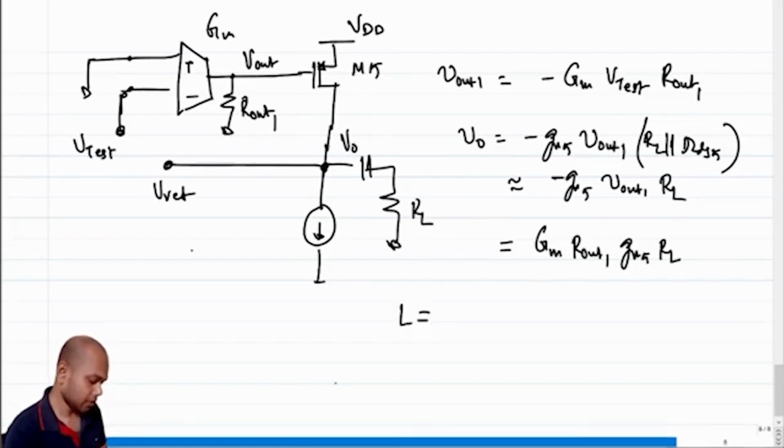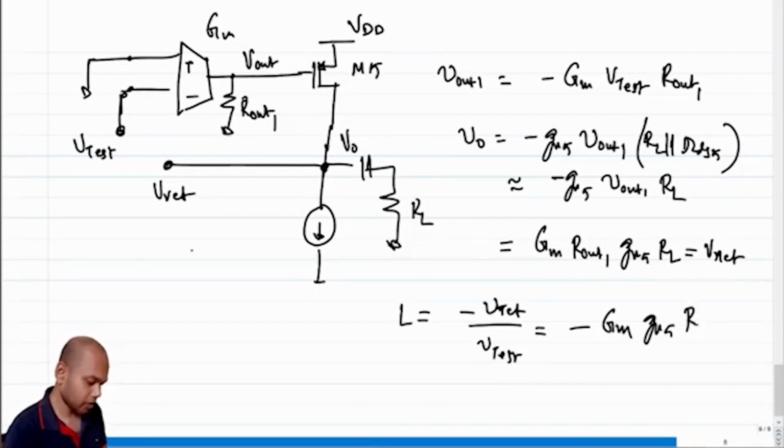So what is L? L is minus V return over V test, which is minus GM times GM5 times R out 1 times RL.